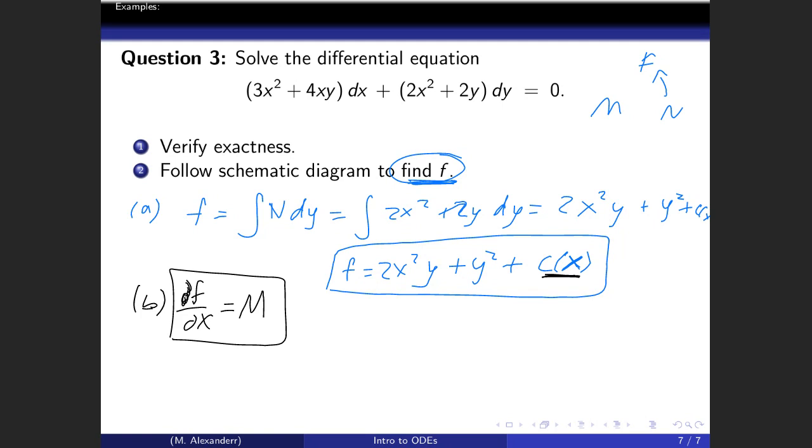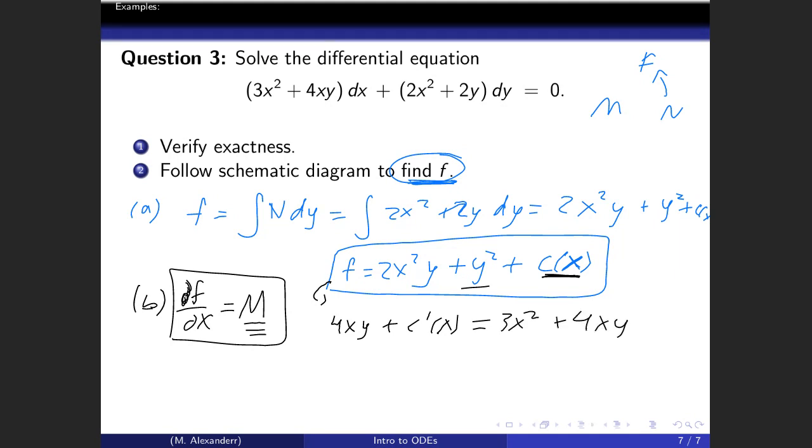All right, so now differentiate the function f with respect to the x variable, then we'll get 4xy. The second term goes away, and then the last term is c prime of x. And now we're going to make this equal to the M. Okay, and the M turned out to be 3x squared plus 4xy.